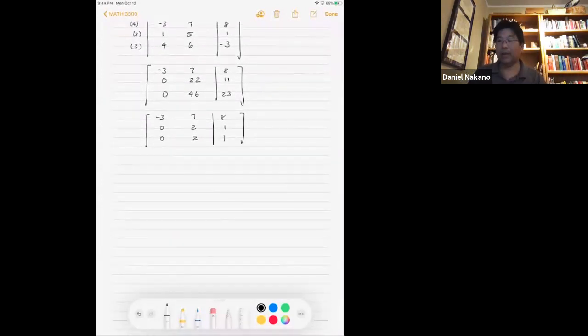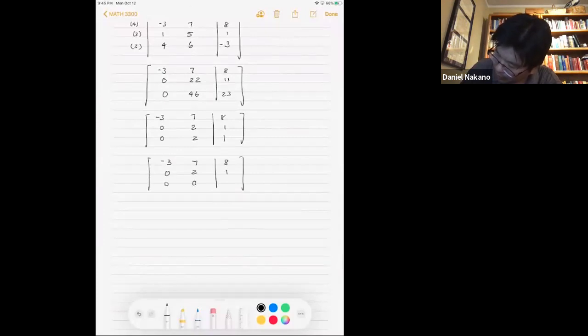So I divided by 11 in the second row and by 23 in the third row, right? That doesn't change the system of equations. And then finally, I get minus 3, 7, 8, and then I get 0, 2, 1, and then I get 0, 0, 0. Okay?